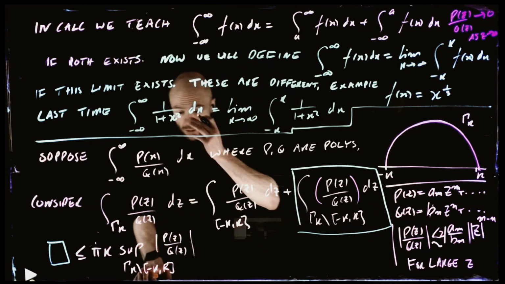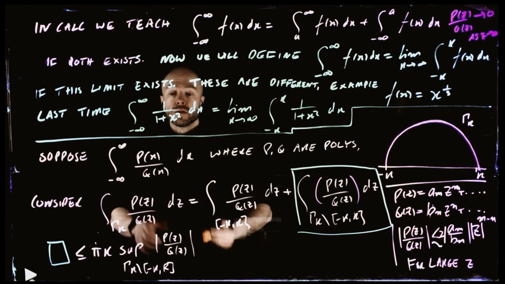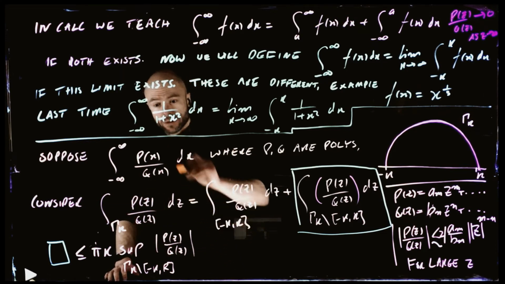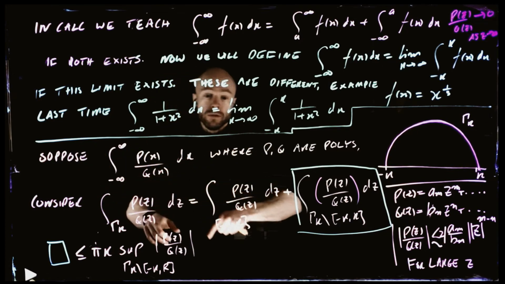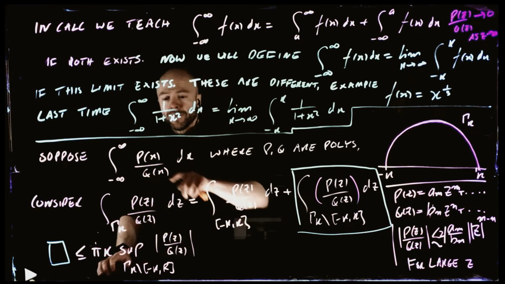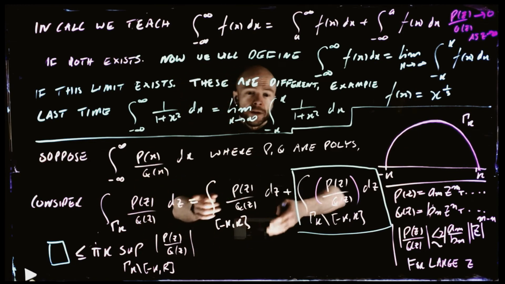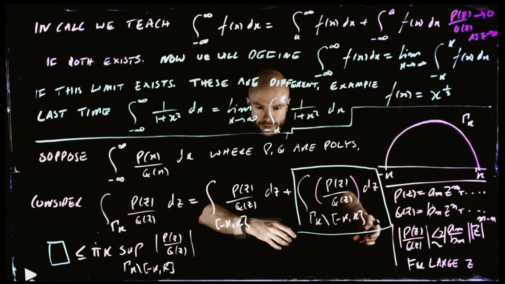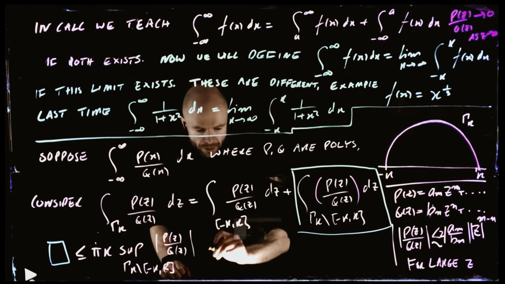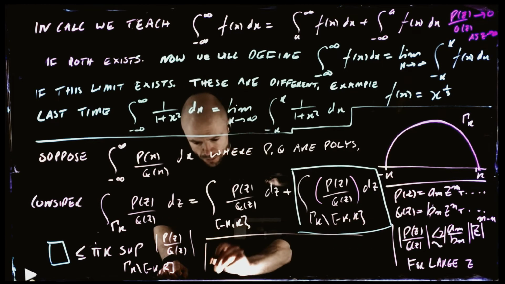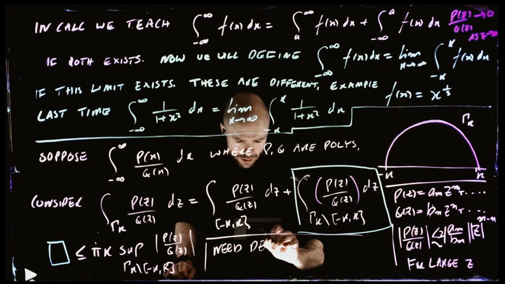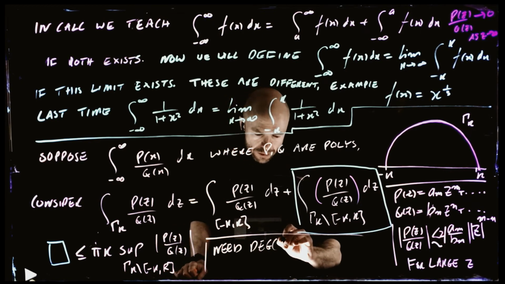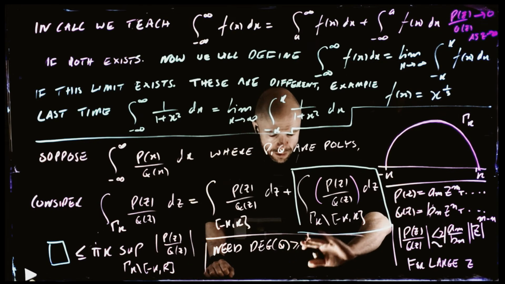And then from this, we backward engineer what condition we need for this to work. We need the degree of P to be less than the degree of Q by 2. Maybe better to say that the degree of Q is the degree of P plus at least 2. Yeah? So we need the degree of Q to be bigger than or equal to the degree of P plus 2.